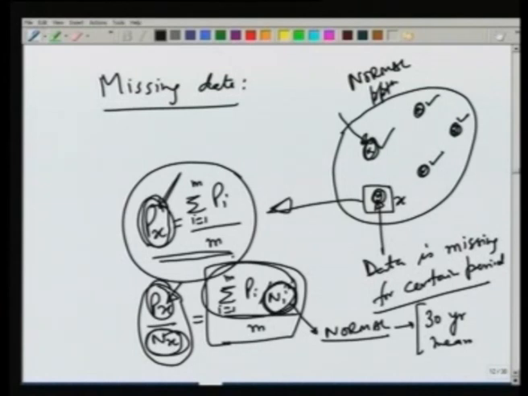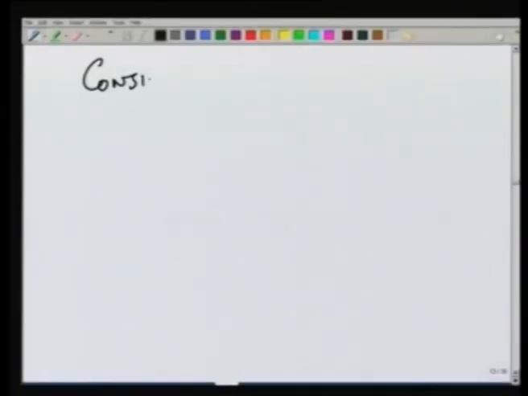Once we have completed the record by filling in the missing values, we should check on the consistency. So, for checking the consistency, we use a procedure which is commonly called the double mass curve analysis.